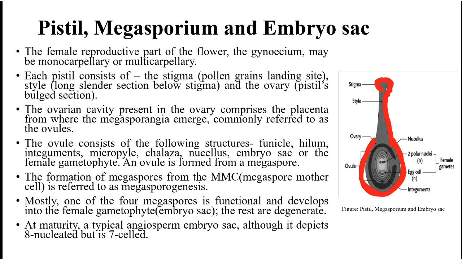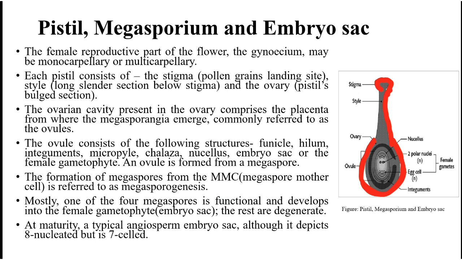The ovule consists of a funicle, hilum, integument, micropylar end, chalazal end, nucellus, and embryo sac or the female gametophyte. All these things we will discuss in the female reproductive part and its development video. For now you only have to remember these terms. These parts are present in a mature ovule of an angiosperm.